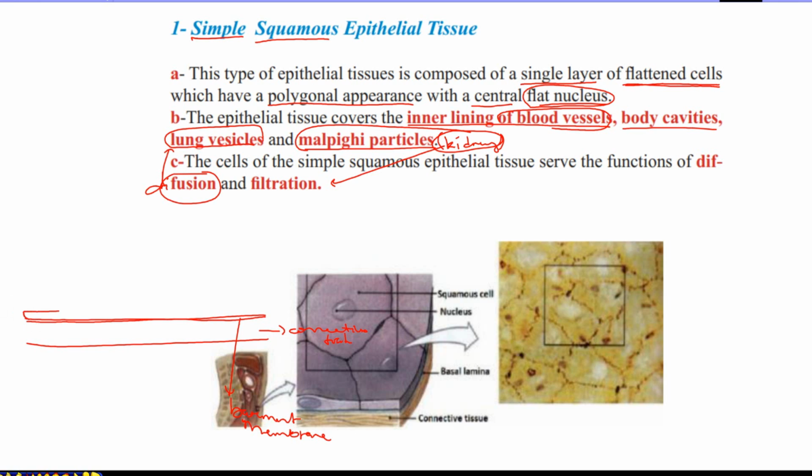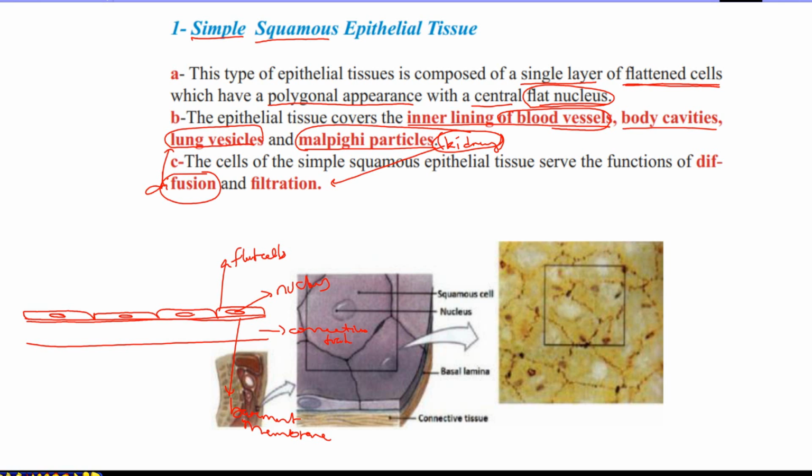On that we draw one layer of cells, but which kind of cells? Flat cells, with a central and flat nucleus. So we show their nucleus and flat cells.